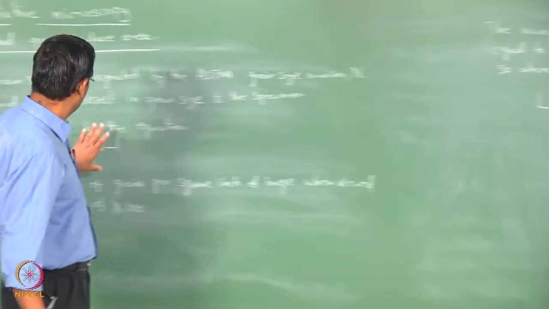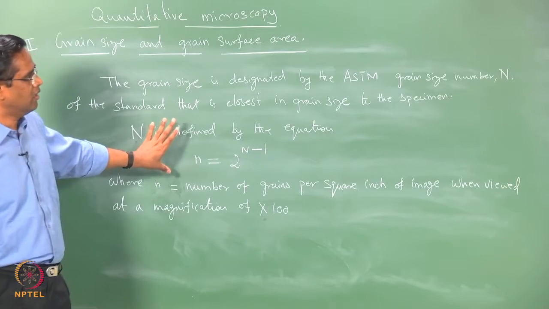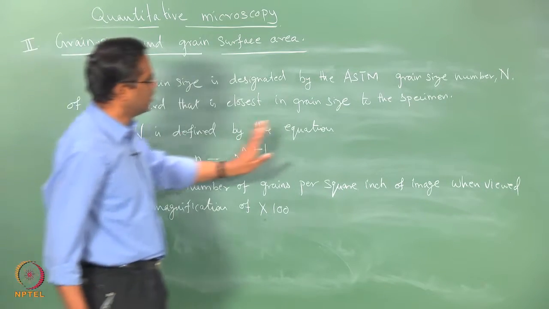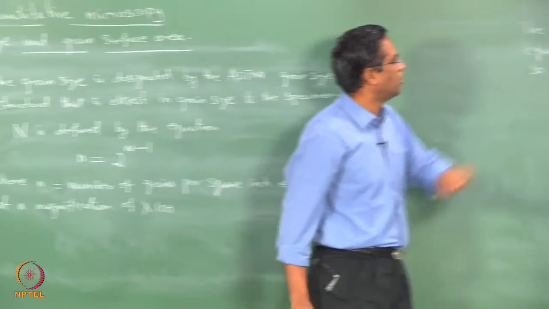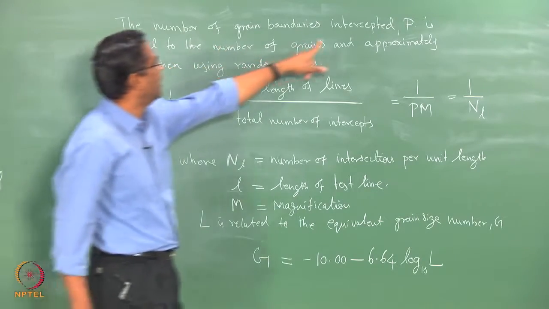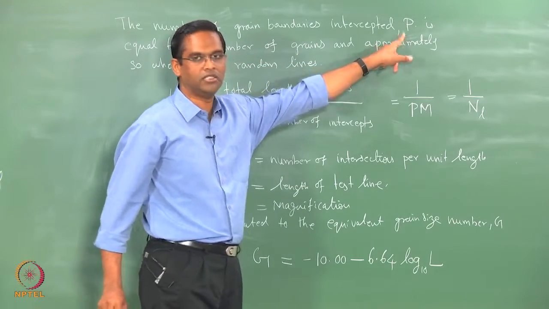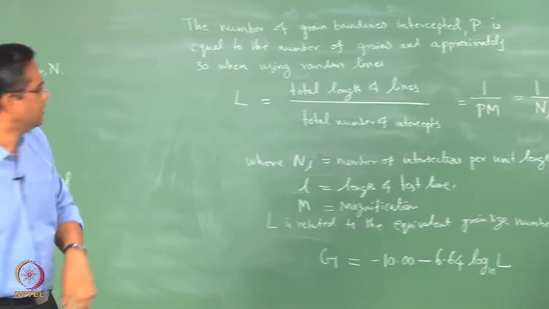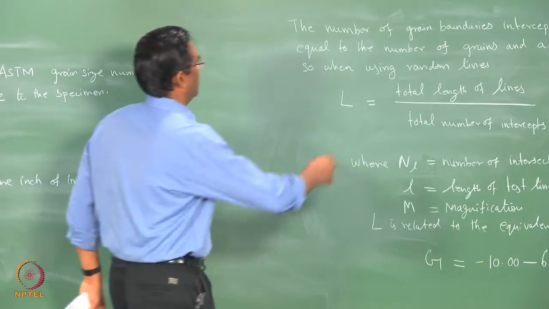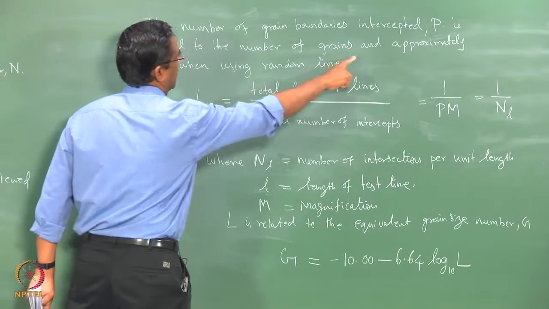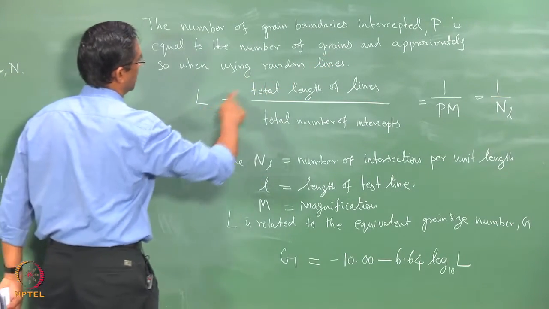I said this is a very basic way of looking at the grain size, and you have more accurate methods where you use the number of grain boundaries intercepted, P. That is, if you count the number of intercepts, which is P, it is equivalent to the number of grains, approximately, when you use random lines.